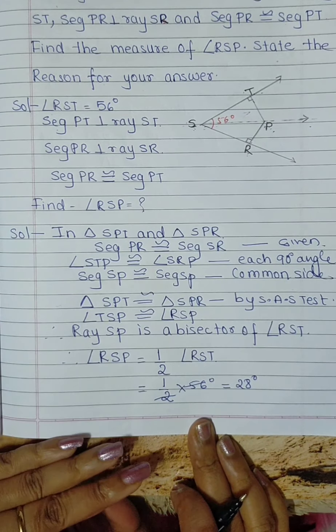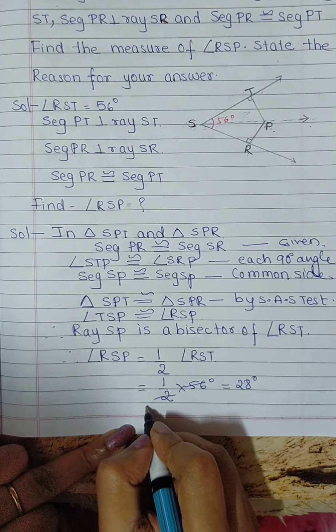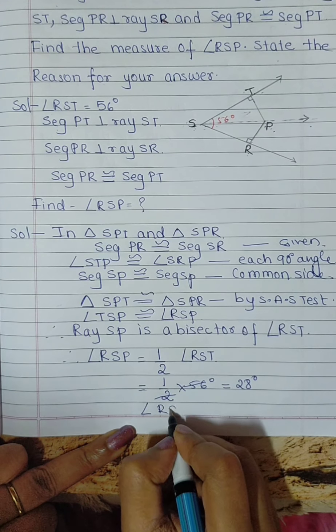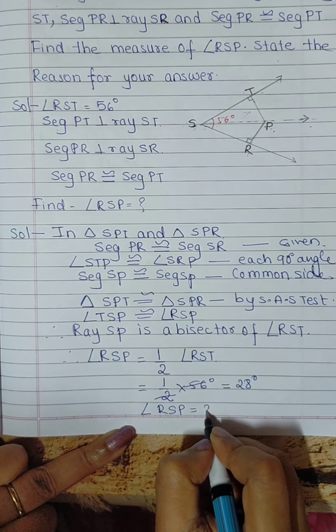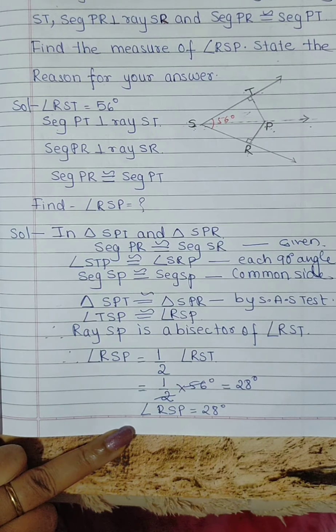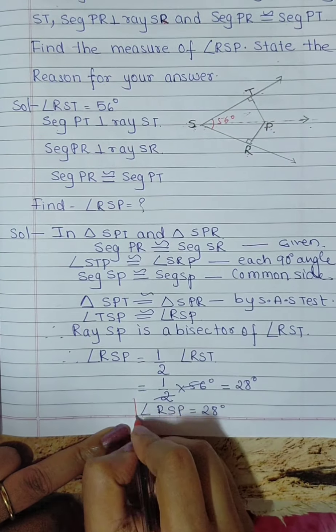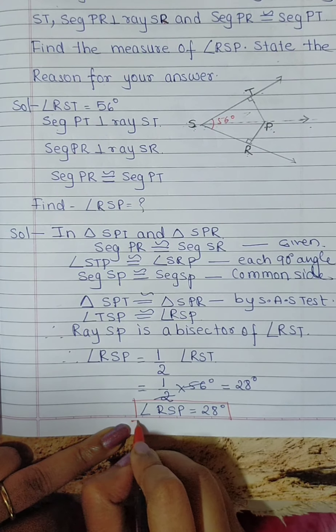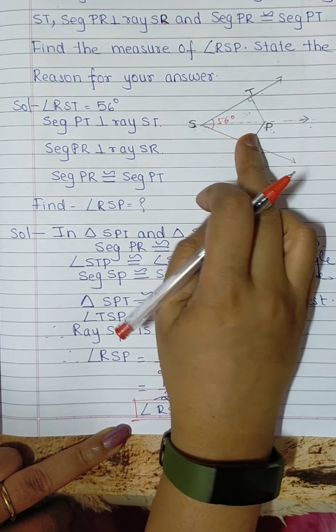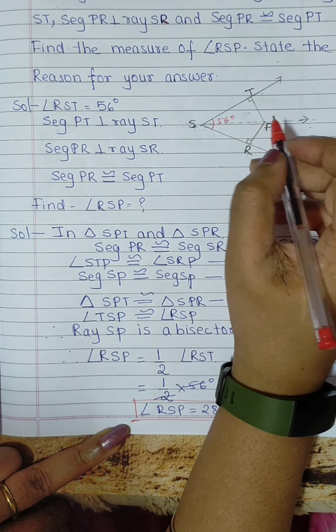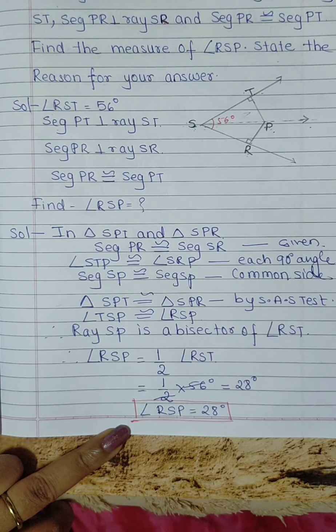Okay, now here we got angle RSP equal to 28 degree. So we found the measure of angle RSP. So angle RSP is 28 degree.